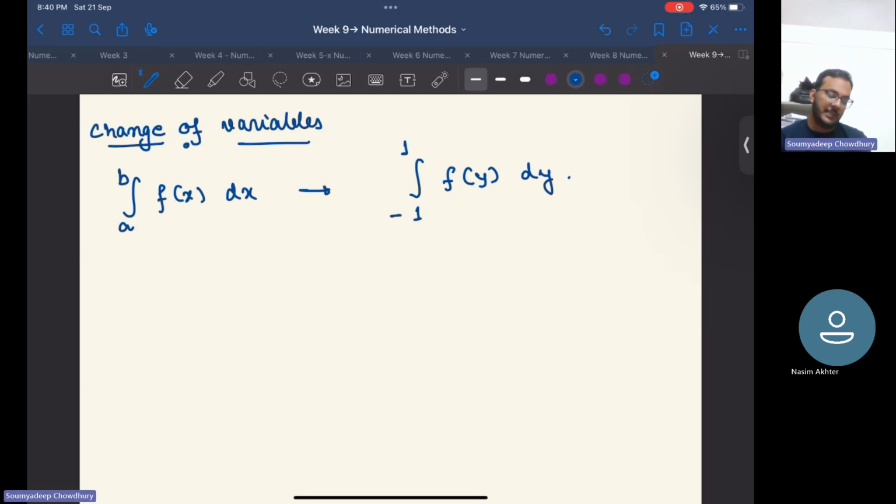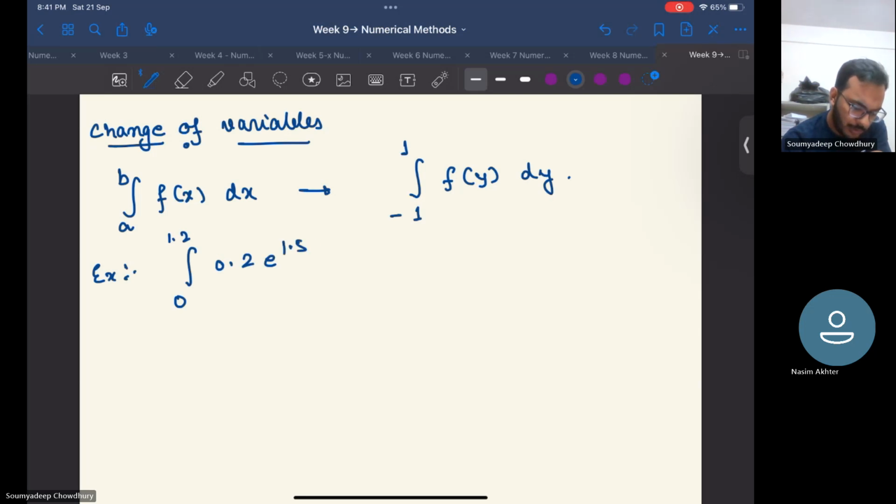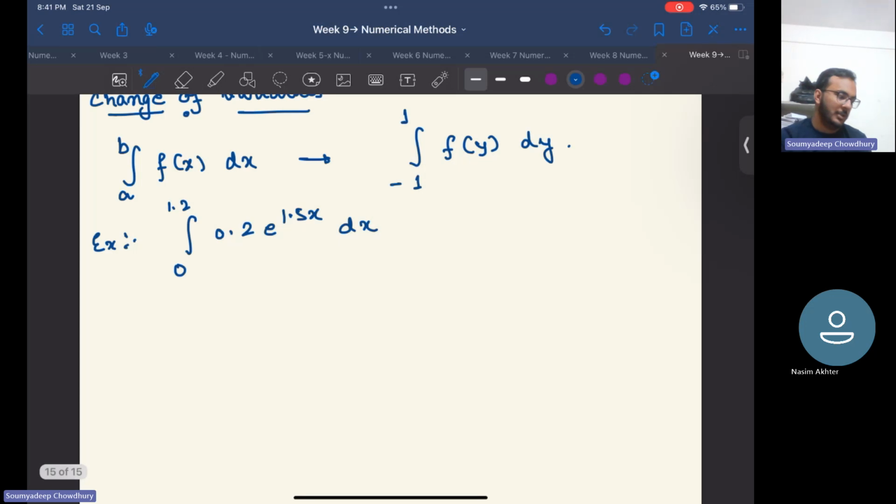So how will you replace x so that your limit changes from a to b to minus 1 to 1? So we'll do it with one example. Suppose you have the same integral. Before applying this Gaussian quadrature on this, we have to change the limit, right?